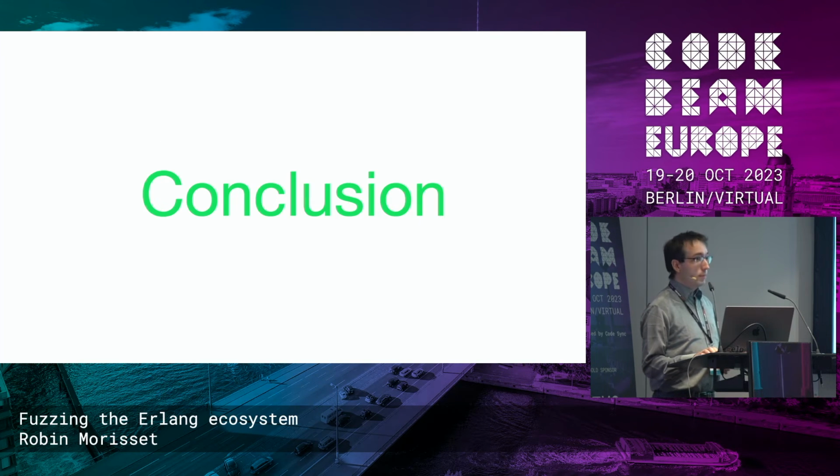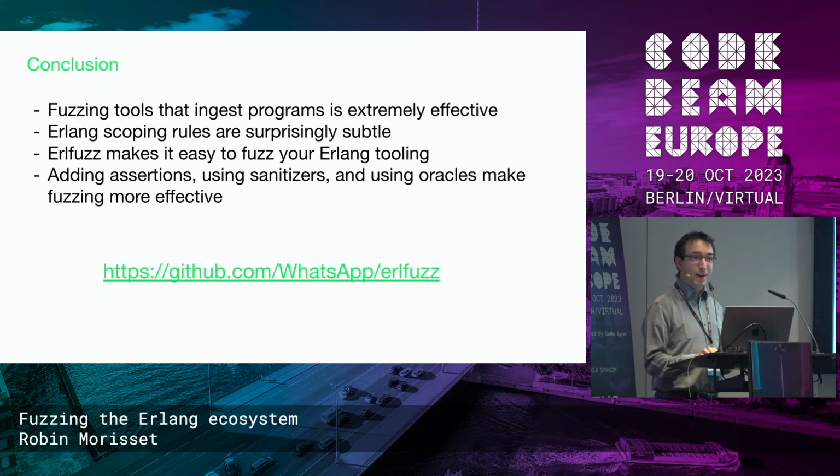So to summarize, the main takeaways are that if you have any kind of tool that ingests structured inputs, like a programming language, you really should use fuzzing on it, because it can find bugs even in 30 years old code quite easily.